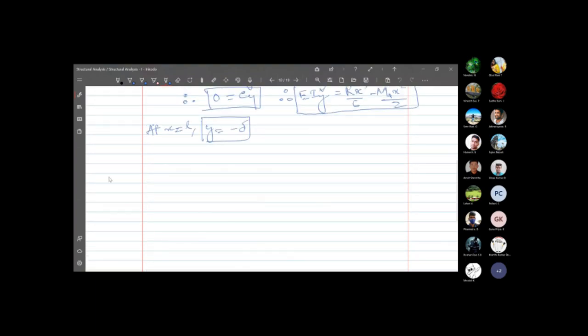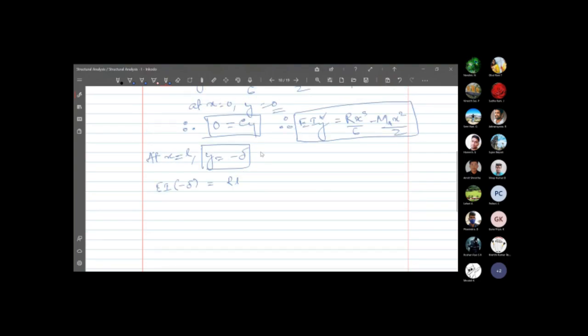So if I put it here, then EI into, in place of y is minus delta, equals to RL to the power 3 divided by 6 minus MA into L square by 2.